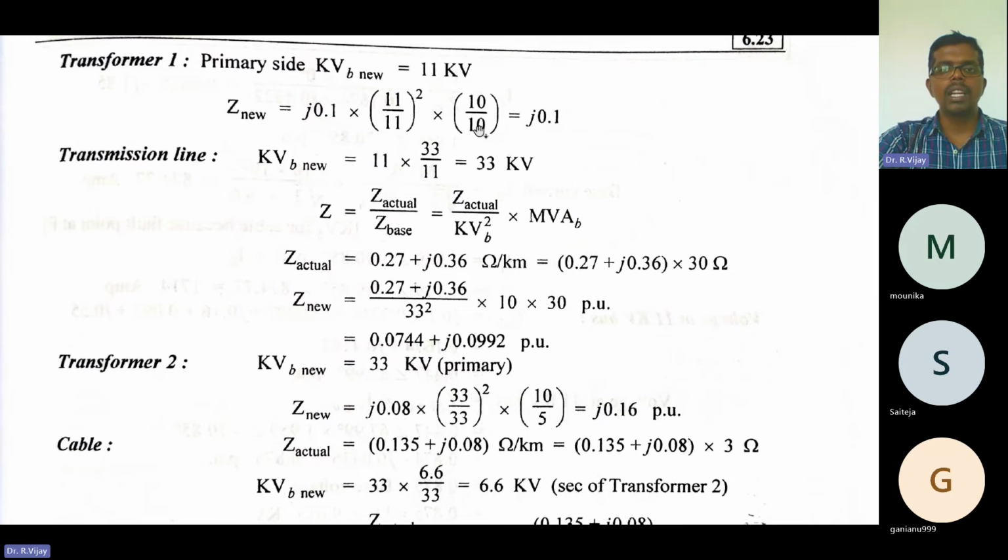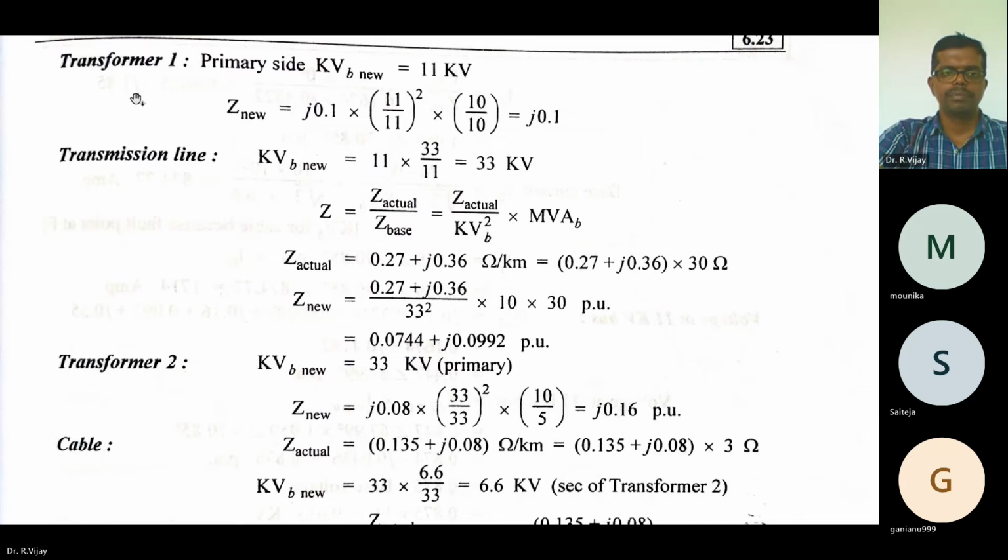Somebody will simply type all these things into the scientific calculator, then go for simplification, and the same answer will come. Then they will say time is not sufficient for solving the problem. No, you need to use your presence of mind every time so that time also is saved.